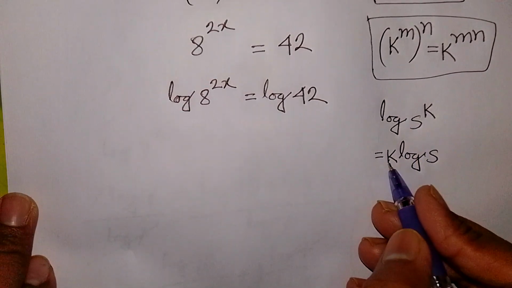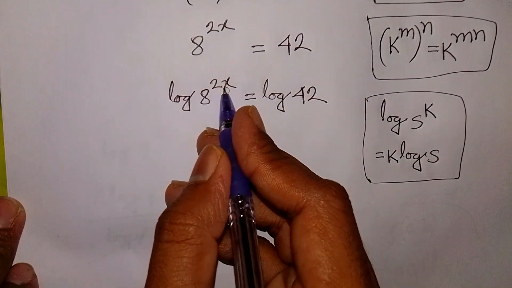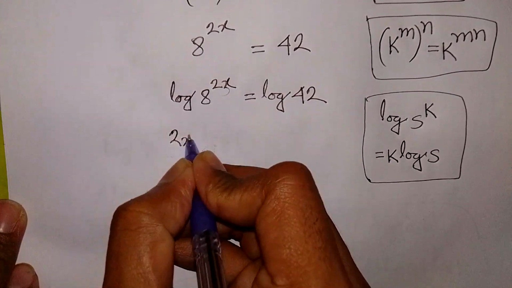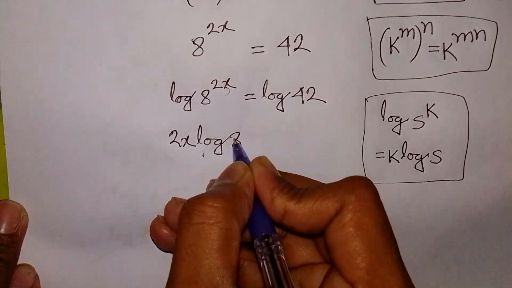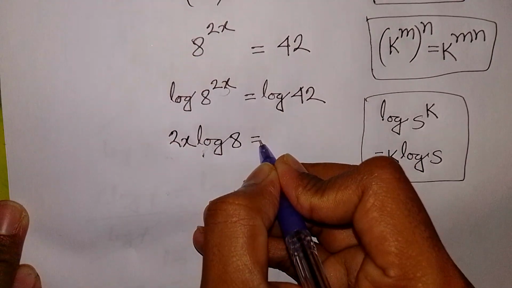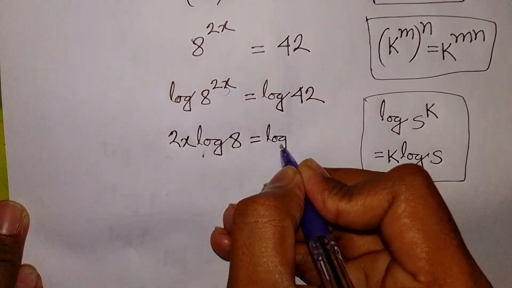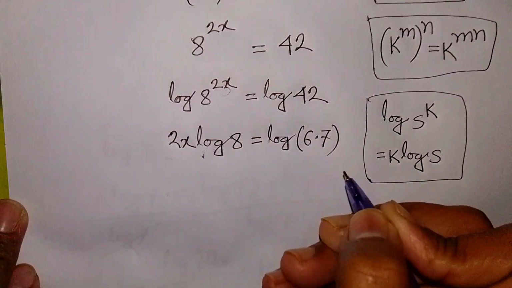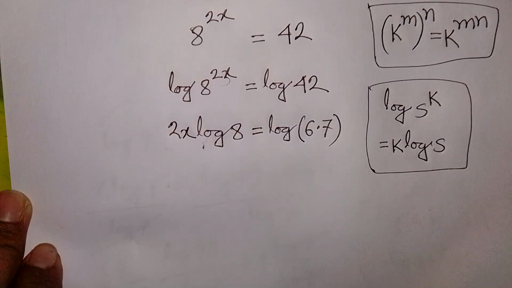This power k moves to the front. So here this power 2x will move to the front, so it will be 2x log 8 is equal to log 42, which is the same as log of 6 times 7.